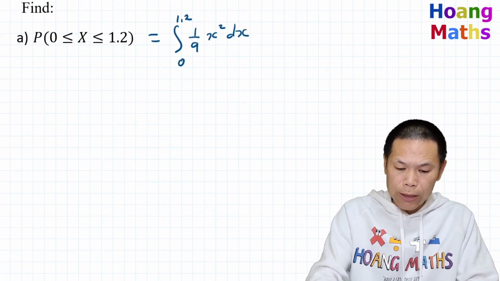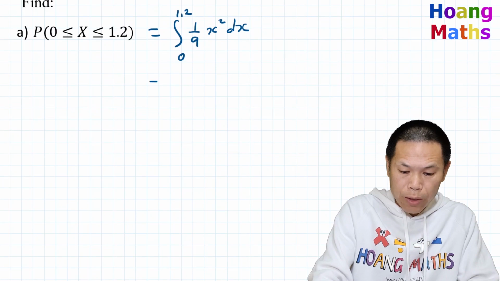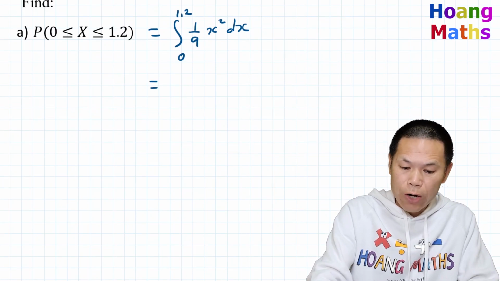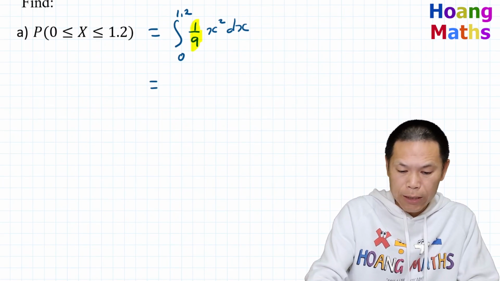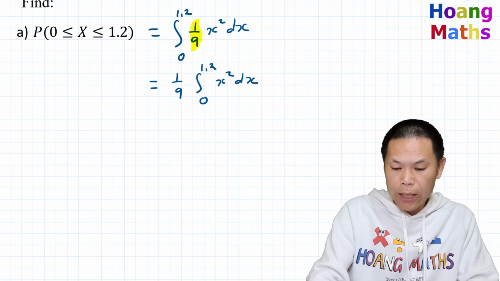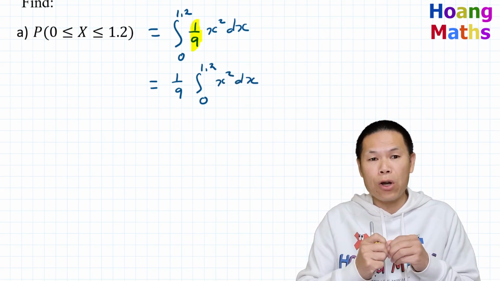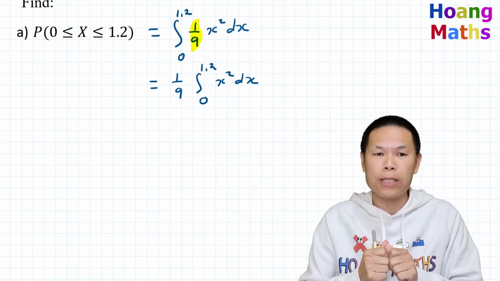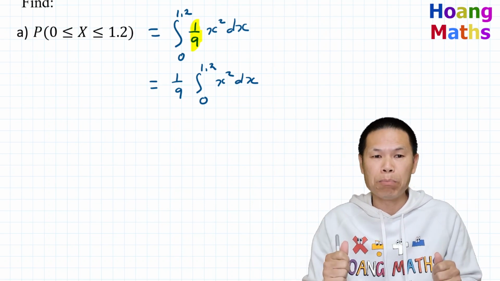To integrate this, I can take 1 over 9 out, which makes it simpler. So I take 1 over 9, integrate from 0 to 1.2 of x squared dx. You don't have to take 1 over 9 out, but it's easier if you do.